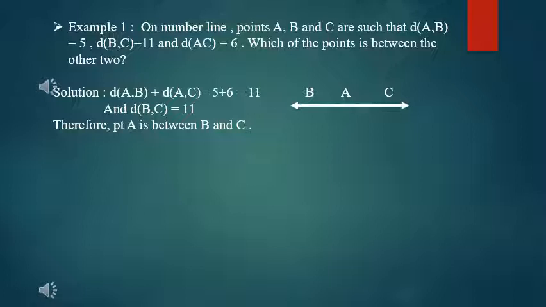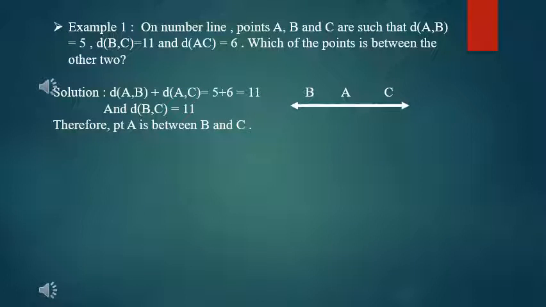Now if you can recollect from our earlier slide, we had discussed when you add the 2 distances between different set of points, they together form a group of collinear points. So I'll repeat. So here AB plus AC is giving me what? 11, which is nothing but my value of BC.